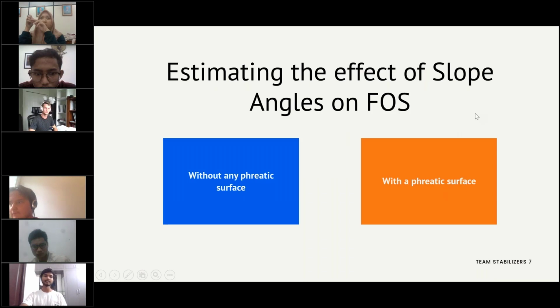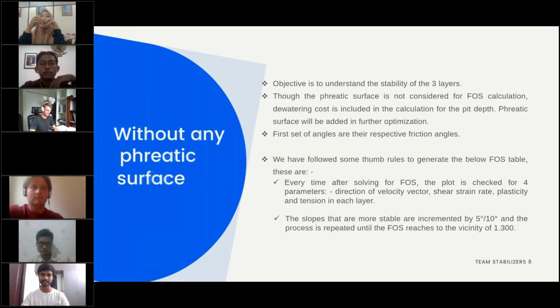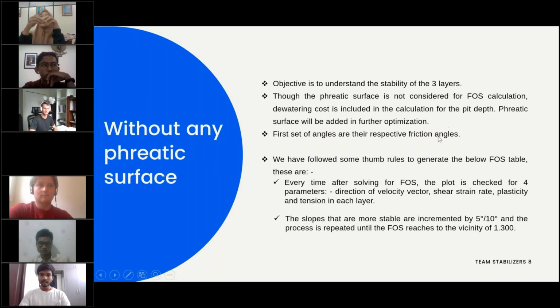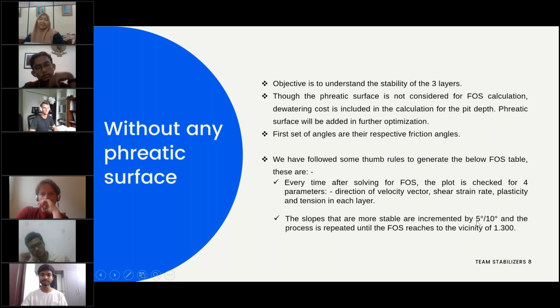Estimating the slope angles, just to make it less time consuming, we first wanted to make a reference table without using the phreatic surface, in steps of 5 and 10 degrees. We checked the stability of each and every layer after every optimization and stepped it up by 5 degrees and 10 degrees.